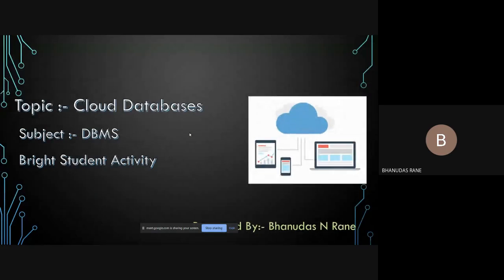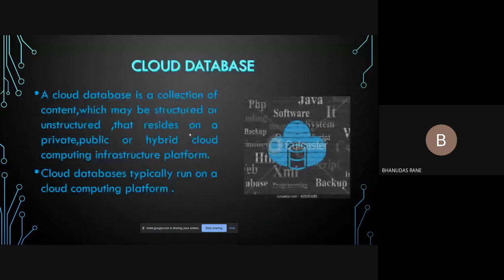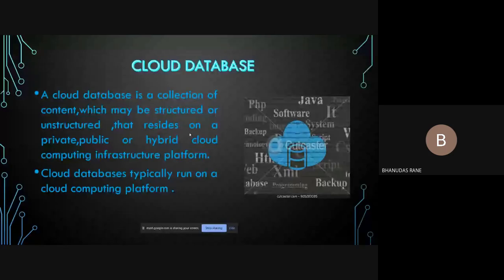So what is a cloud database? A cloud database is a collection of content which may be structured that resides on a private, public, or hybrid cloud computing infrastructure platform. In this definition, collection of content means collection of data which may be structured or unstructured.